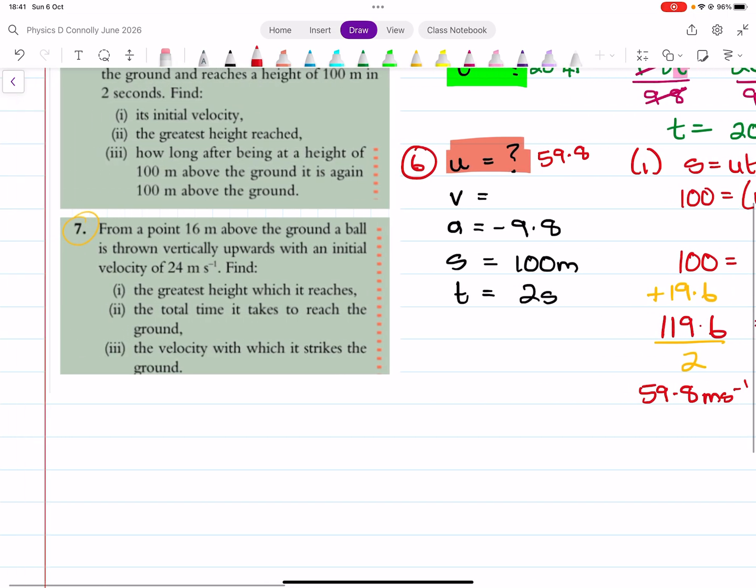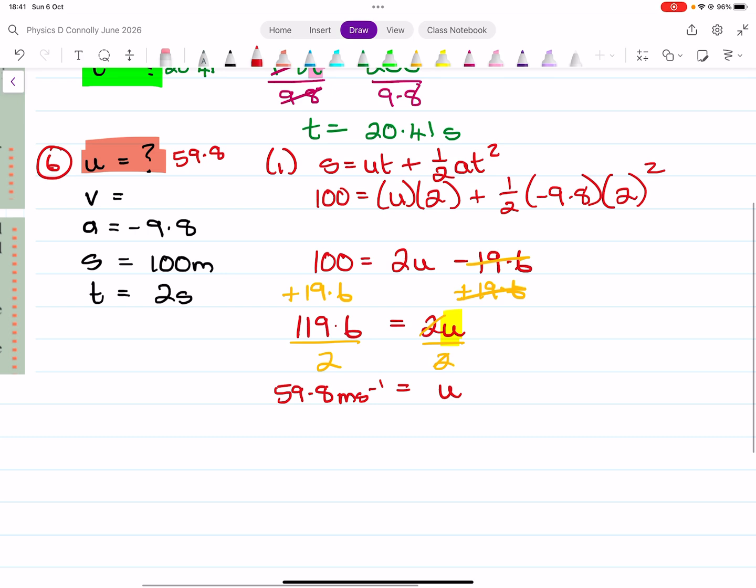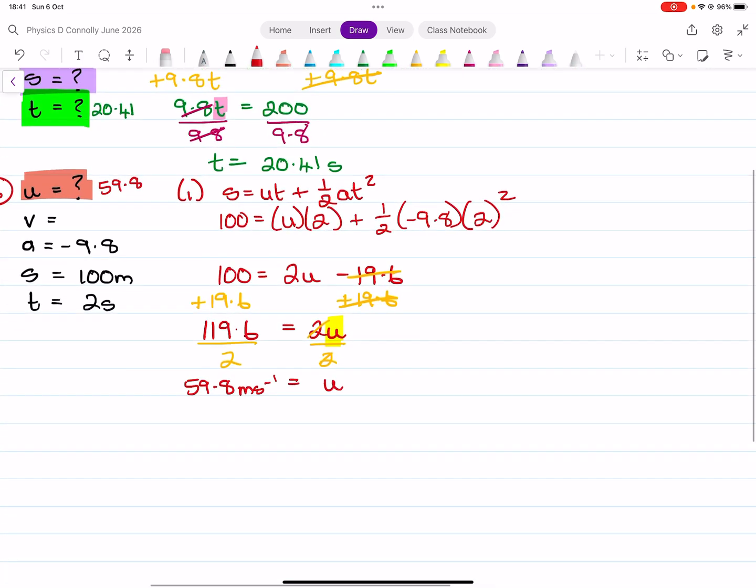Okay, find the greatest height reached. I actually need to do a new UVAST here. We know that U is now 59.8 because we figured it out. The greatest height will give us V equals 0. Acceleration stays as minus 9.8. We want the greatest height, so we don't know S anymore.